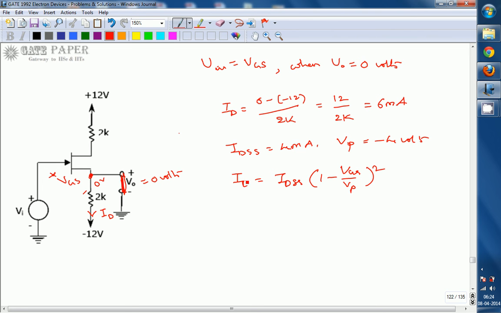From that one, if you calculate, ID value is known, that is 6 is equal to IDSS is 4, into 1 minus VGS by minus 4 whole square. From that one, if you calculate, you will get two different values of VGS. Sorry, just wait.